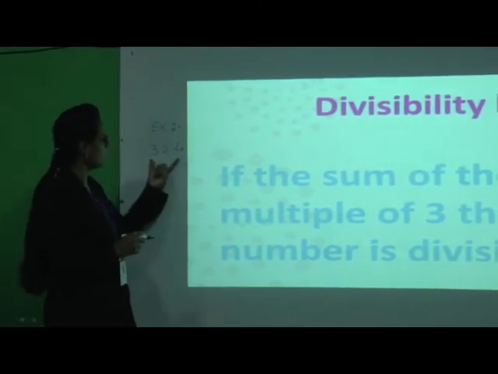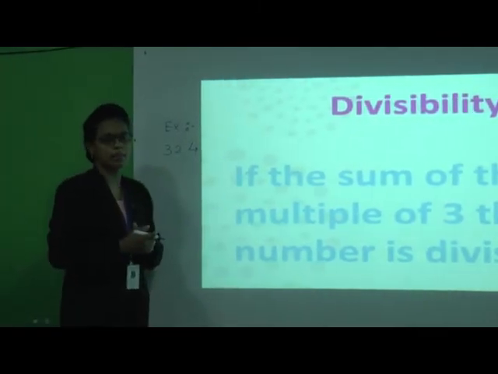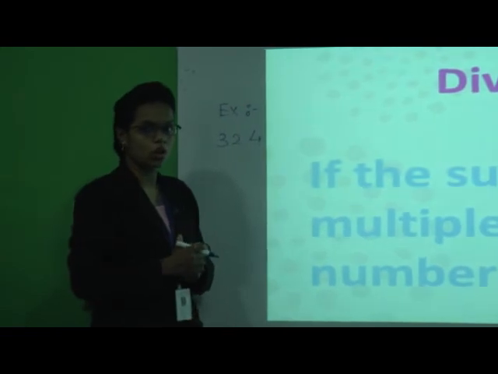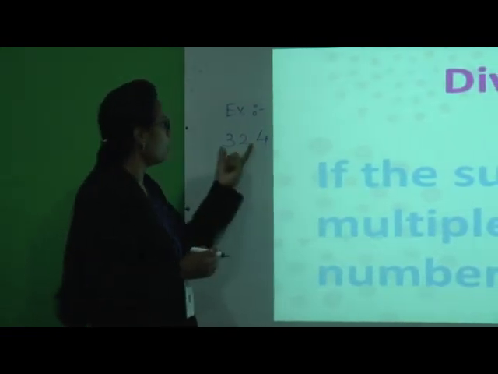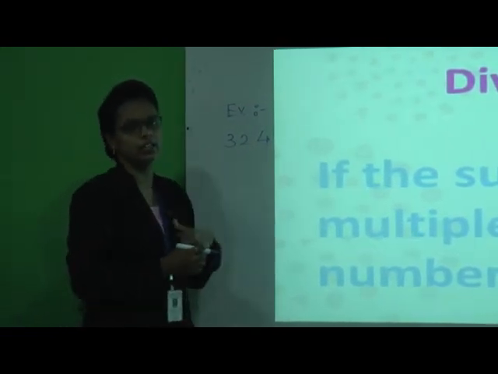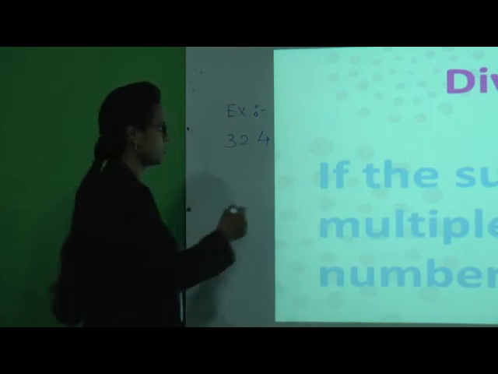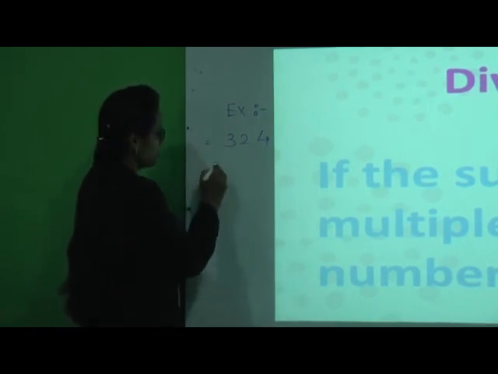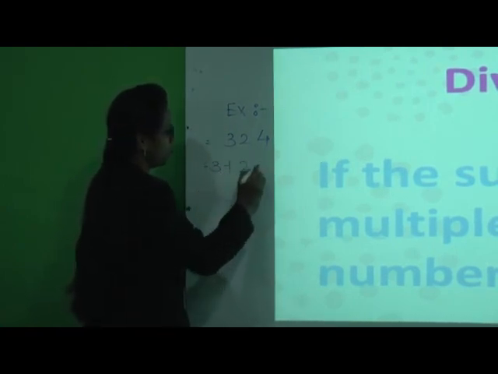We have to find whether the given number is divisible by 3 or no. So in order to find out that, we have to add these 3 digits. So we are going to add 3 plus 2 plus 4.